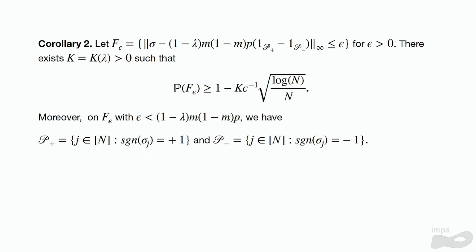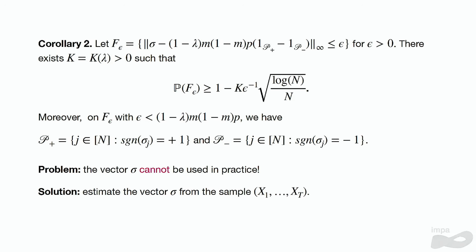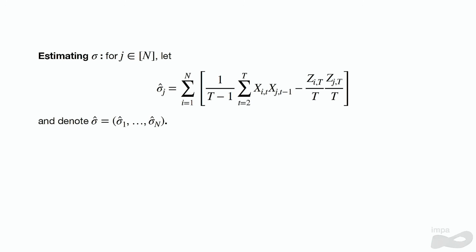Okay? So that's the message here. At this point, I cannot use sigma because I don't know the matrix, right? So instead of this, I can estimate sigma by using the sample. If I do that, the corresponding estimator will be something like this. I have a sum over i, and then I just estimate the covariance as usual.